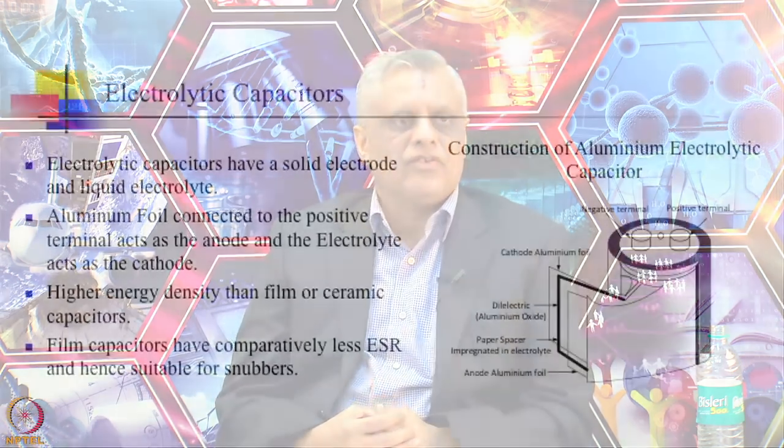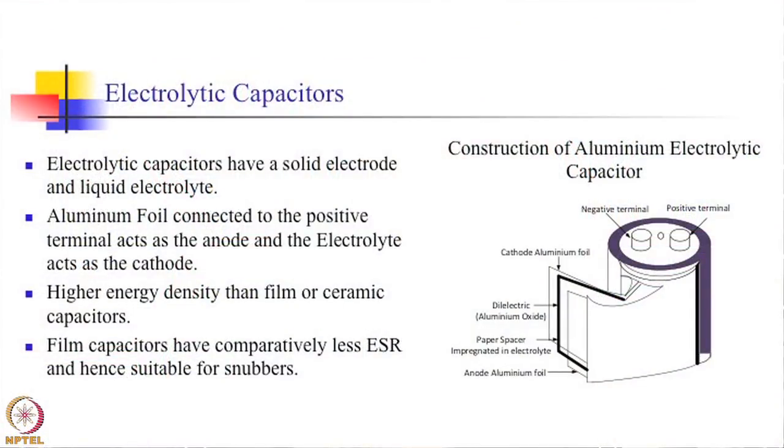Now it is this electrolyte which is the cause of the short life of these aluminum electrolytic capacitors. Over time, this liquid electrolyte escapes out of the unit and the capacitor loses its properties and is no longer a capacitor.